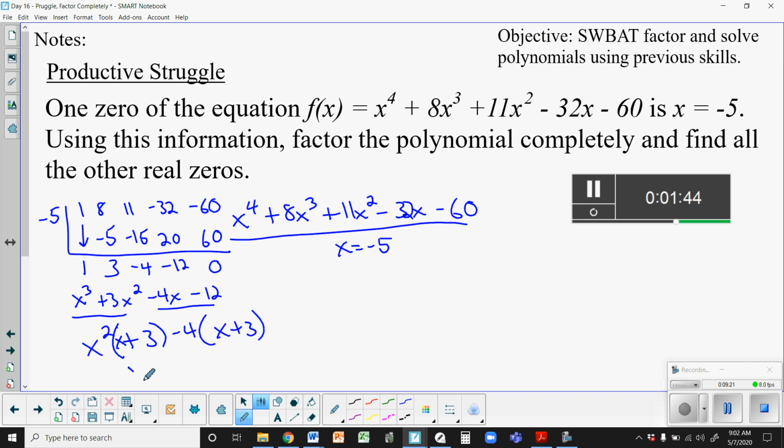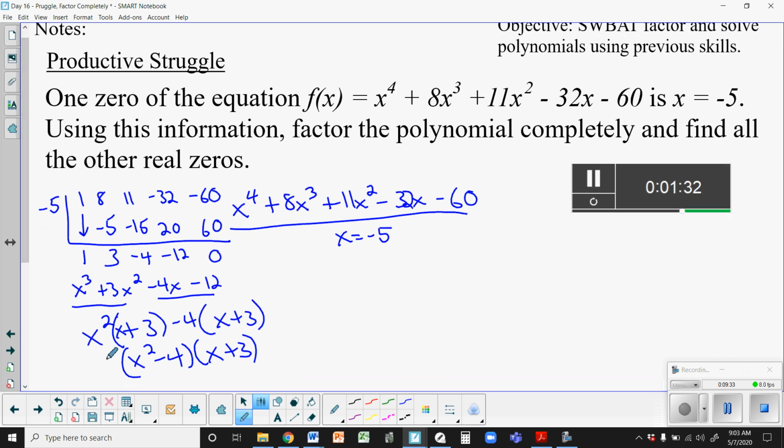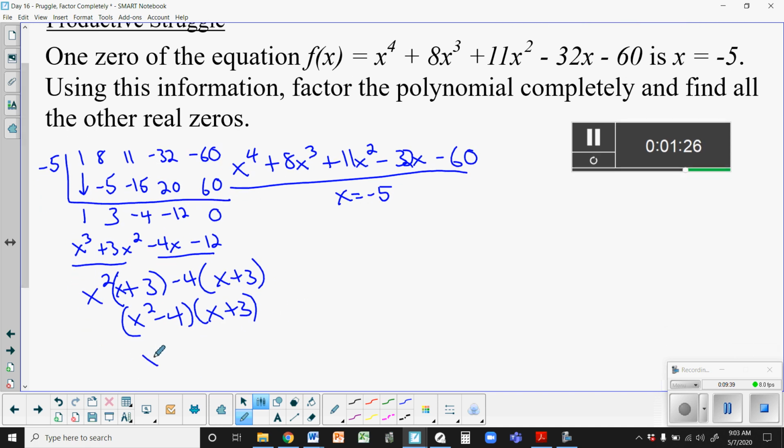They're like, oh, I think this is working. And then did we factor it completely? And we're noticing, oh, we actually have a difference of squares. So we actually have to write that as, that's right, x plus 2, x minus 2.